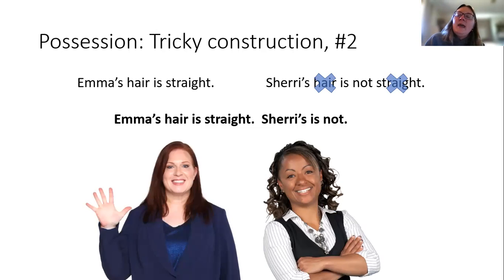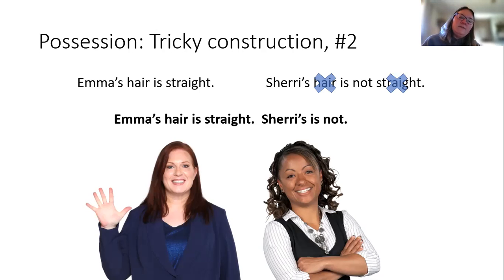We can get rid of hair and we can get rid of straight, and we can just say Emma's hair is straight, Sherry's is not. You'll see this construction out there as well. And sometimes we even use this in spoken language, spoken conversation. So it's a good one to listen for.